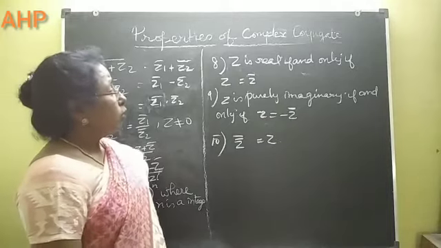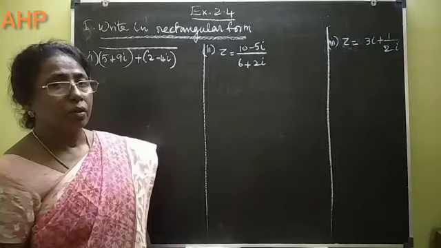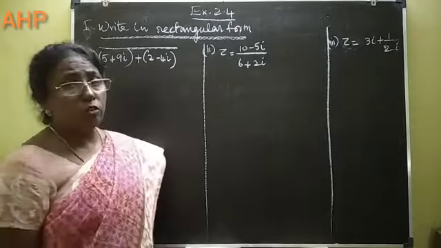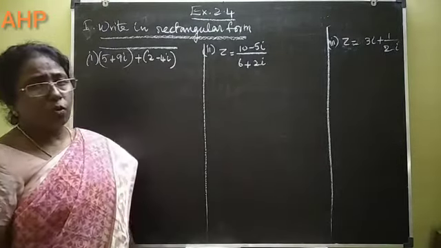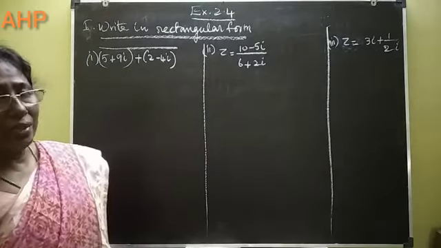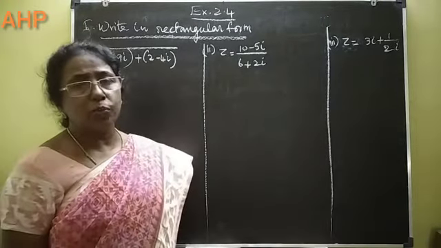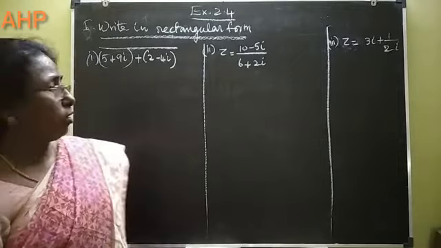Let us go to the exercise 2.4. In exercise 2.4, we are asked to write in rectangular form. What is this rectangular form? Writing z in the form of x plus iy is rectangular form.